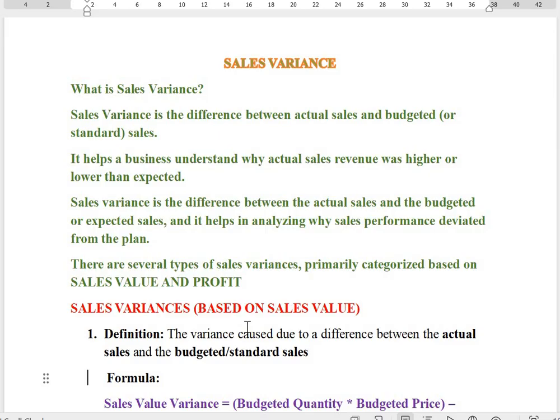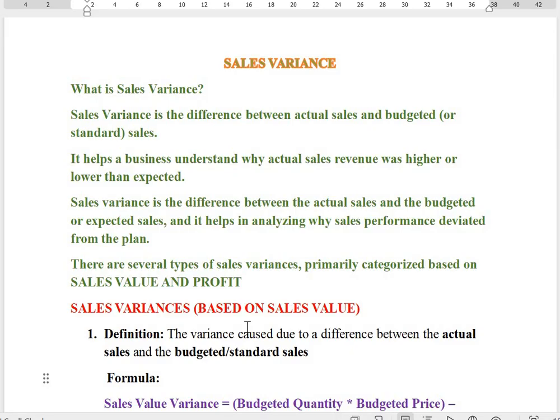All this is decided before the actual sales. So with the estimated or budgeted sales, we are going to find the difference from the actual sales. What we actually estimated, whether it differs from what we actually sold, at what actual quantity, actual value, or actual price. The difference between these actual and budgeted sales is what you can call sales variance.